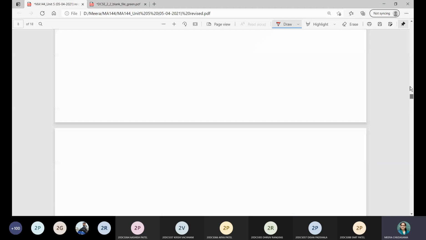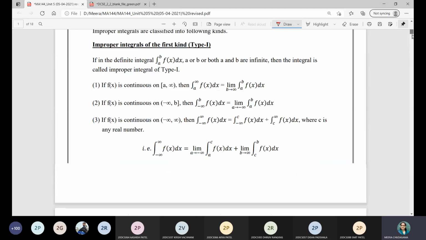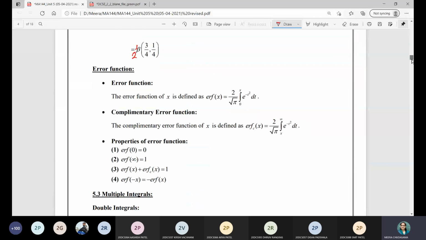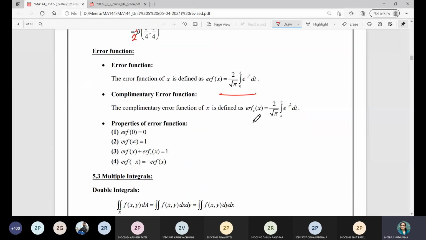Other properties, let me show you. Yeah, here. This is the error function, and this is the complementary error function. When you take the error function at 0, this is the integral from 0 to 0, so it will give you the answer 0.